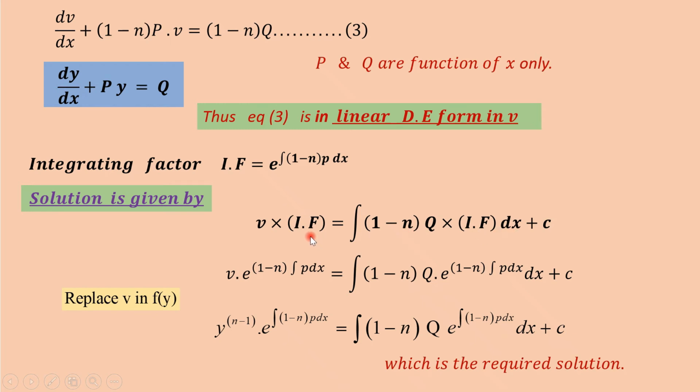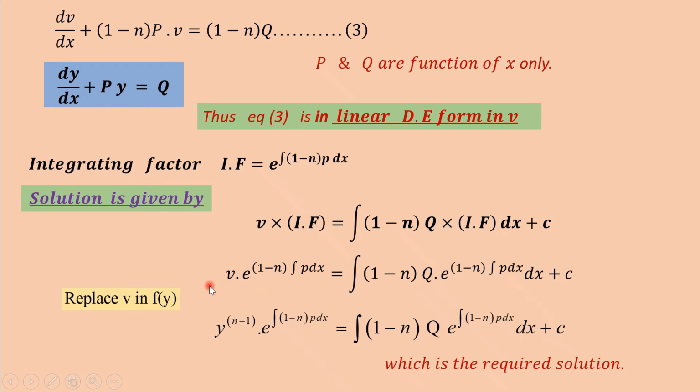Now substitute the value of I.F. from above. We get v e^(∫(1-n)P dx) = ∫(1-n)Q e^(∫(1-n)P dx) dx + c.